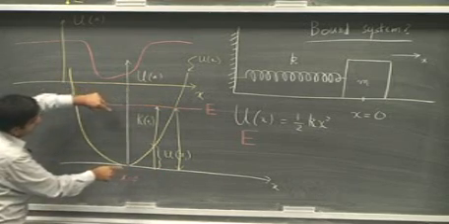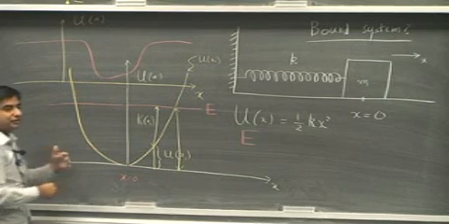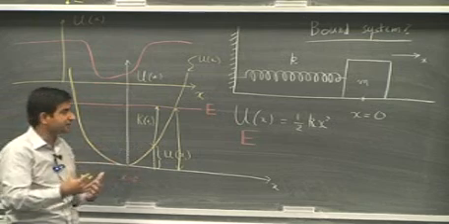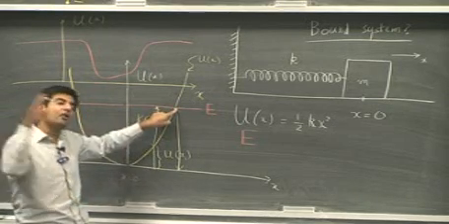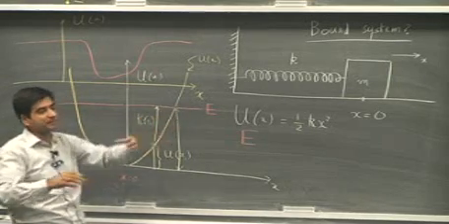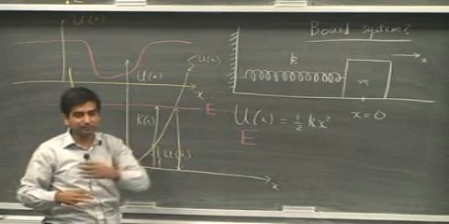Likewise, you can draw these lines on the other side of this axis as well. So there is a constant interplay between kinetic energy and potential energy. At the extreme points, all the energy is potential and there is no kinetic energy. That's why the mass will come to a rest at the extreme point. This is something that you know very well.